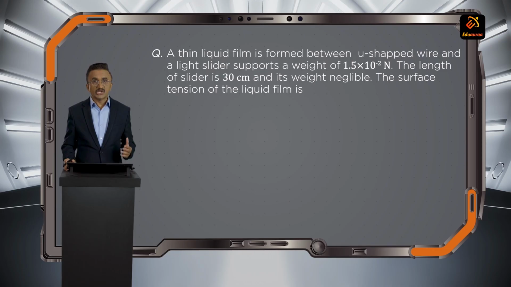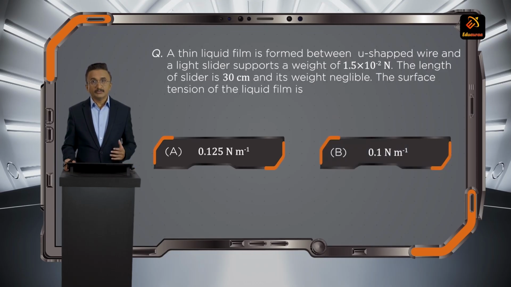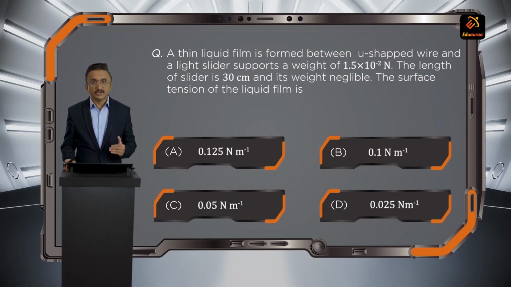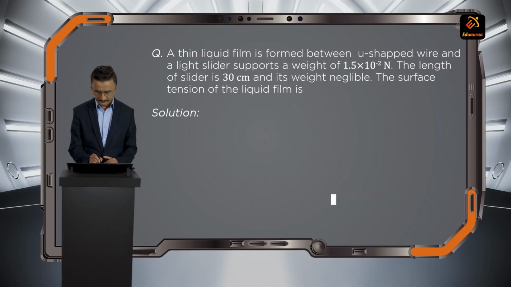The surface tension of the liquid film is, and the options are option A 0.0125 Newton per meter, option B 0.1 Newton per meter, option C 0.05 Newton per meter, and option D 0.025 Newton per meter.